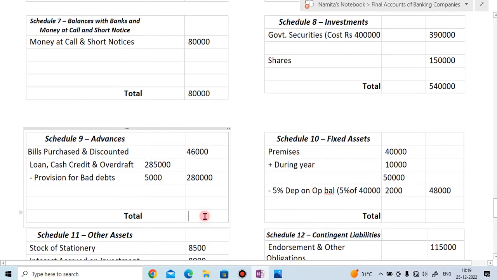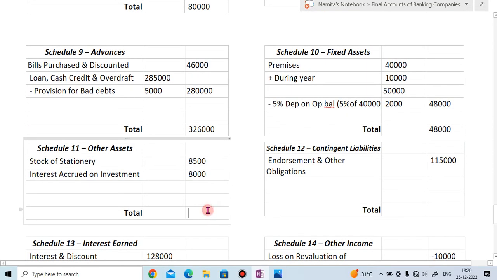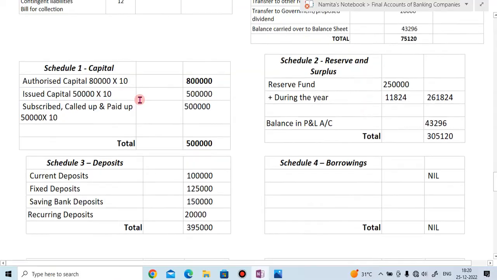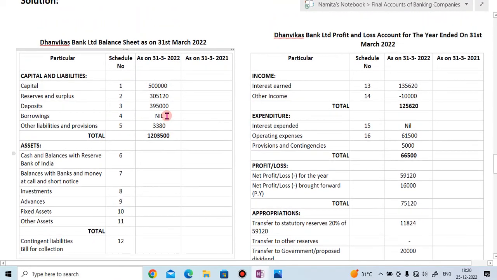Schedule number 9, 46,000 plus 2,80,000, the total will be 3,26,000. Schedule 10, 48,000. Schedule 11, 16,500. Schedule 12, 1,15,000. Okay, so now write all the totals in the balance sheet.